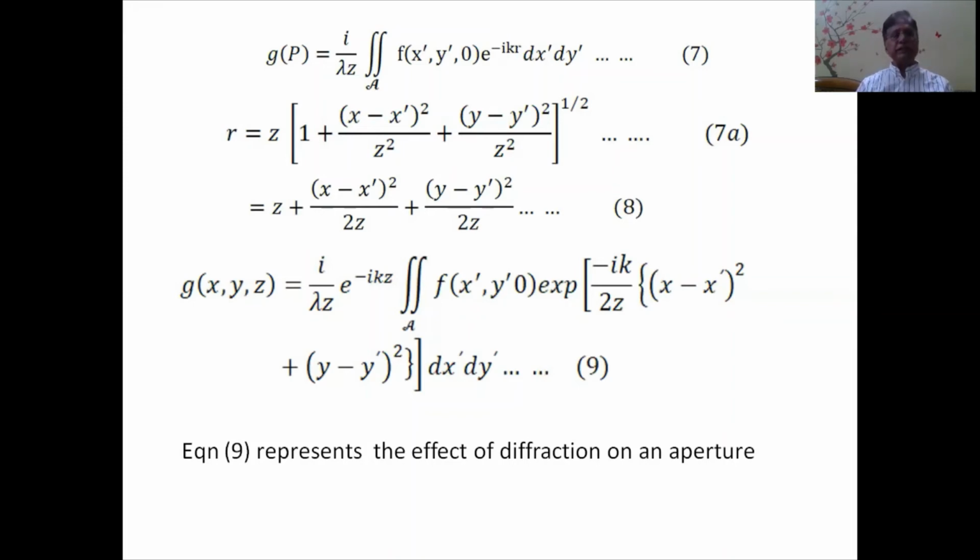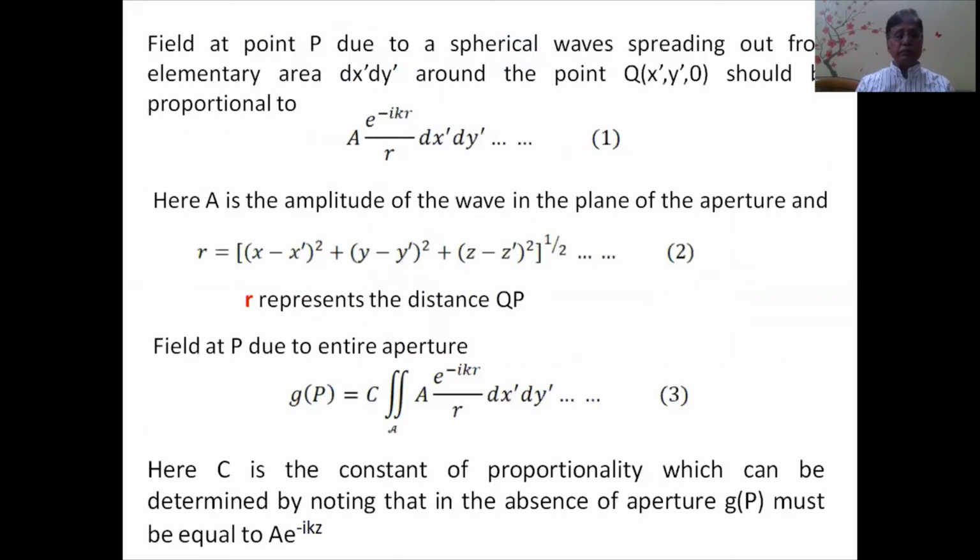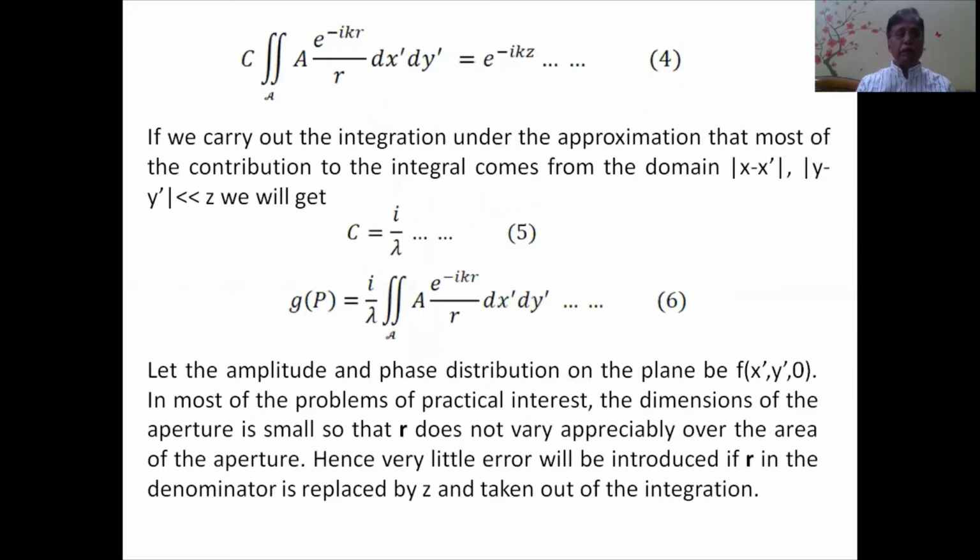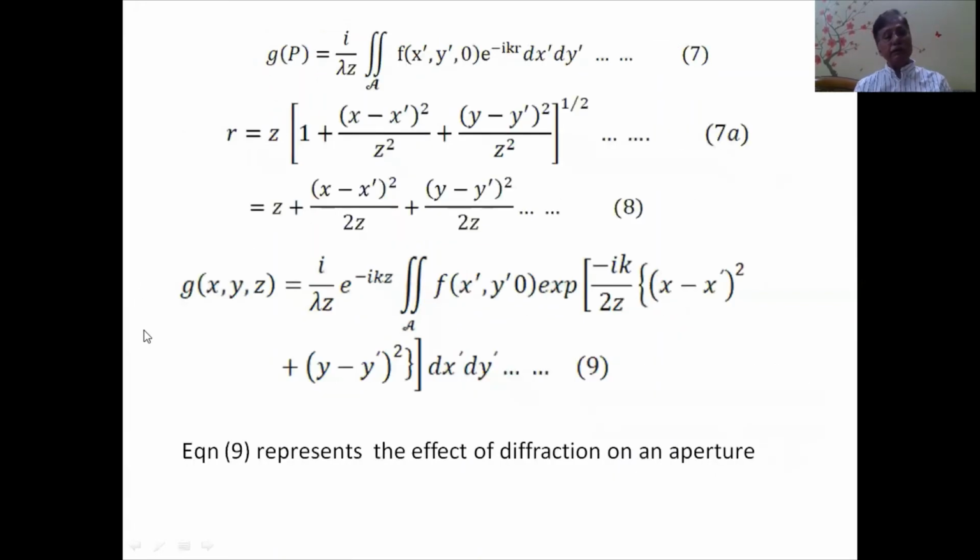This is to be treated with the binomial expansion, because most of the contribution to the integral comes from the region where x minus x dash and y minus y dash are very much smaller than z. So again, r is equal to z times the square root of 1 plus (x minus x dash) whole square by z square plus (y minus y dash) whole square by z square, to the power half.